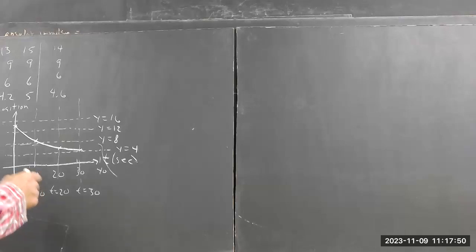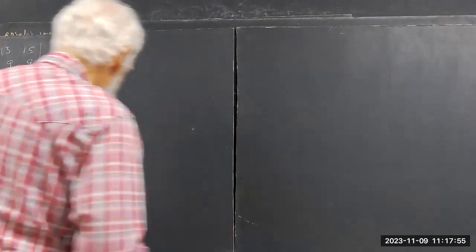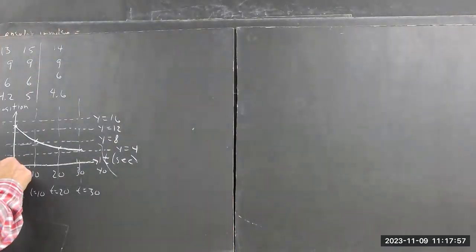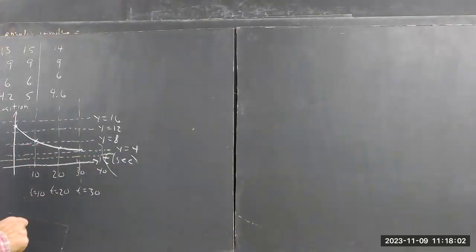So I suspect that if the model is correct, the horizontal asymptote will be here.